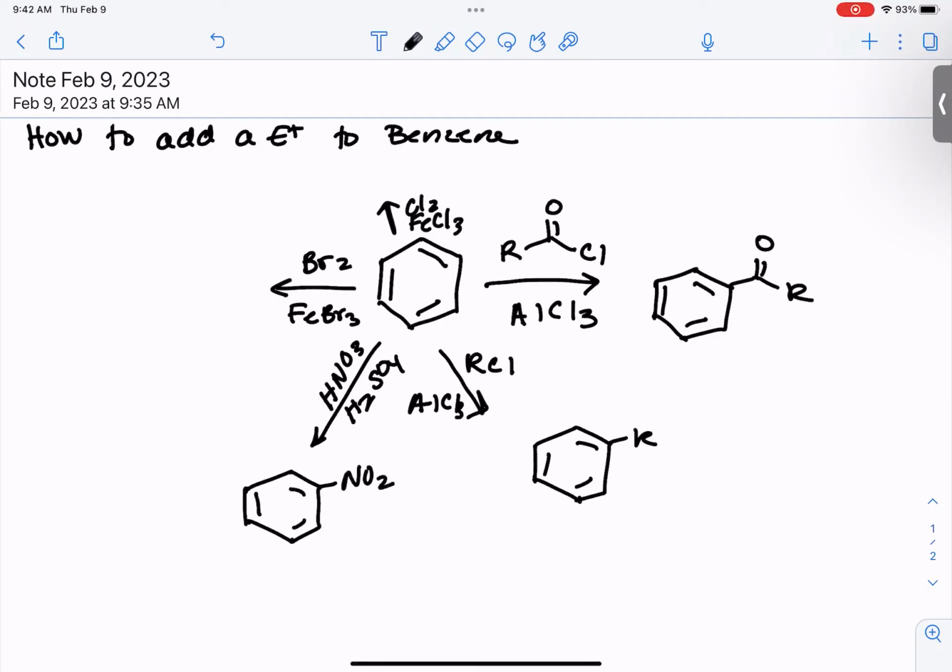To brominate, you get a Br group, and to chlorinate, you get a chlorine. So that's just how you monofunctionalize a ring.